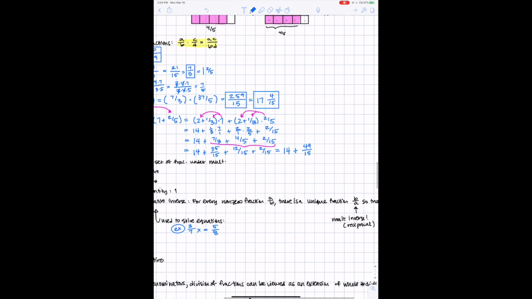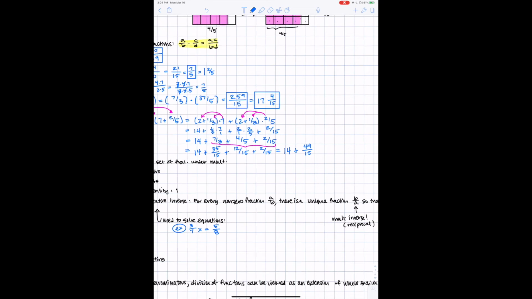So now I can see I have this weird 14 and an improper fraction. So I'm just going to turn that improper fraction 49 over 15 into a mixed number. And I see 15 goes into 49 3 times. So this is 14 plus 3, and I'm left with 4 over 15.